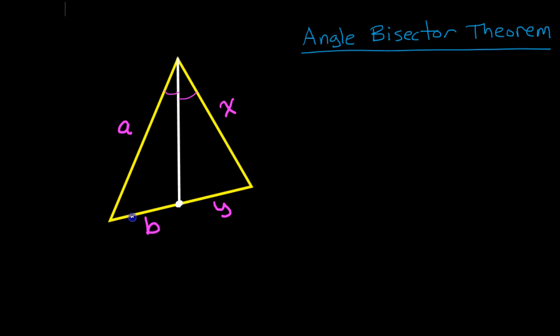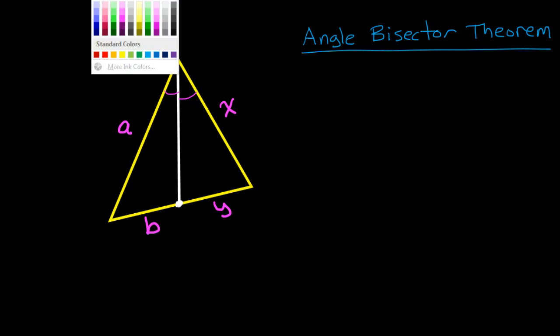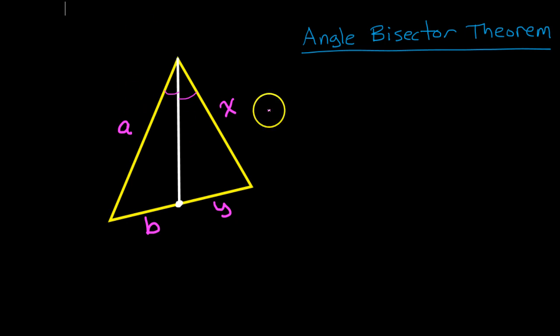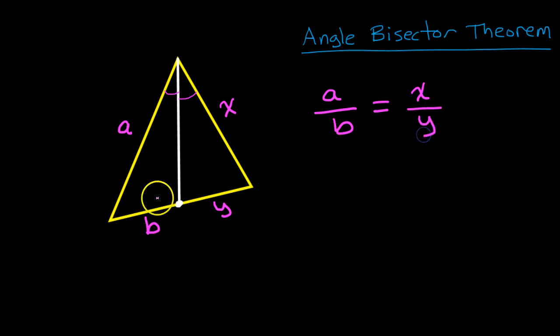Segment B is the left portion of this side of the triangle, and segment Y is the right portion of this. So according to the angle bisector theorem, the following segments are proportional. A over B will equal X over Y. So it just lines up very nicely. Just A over B is equal to X over Y.